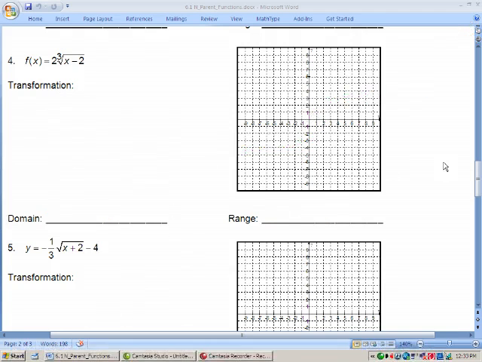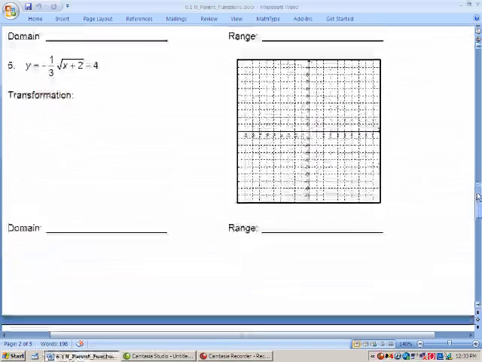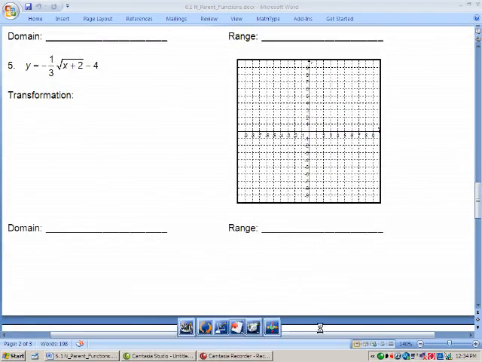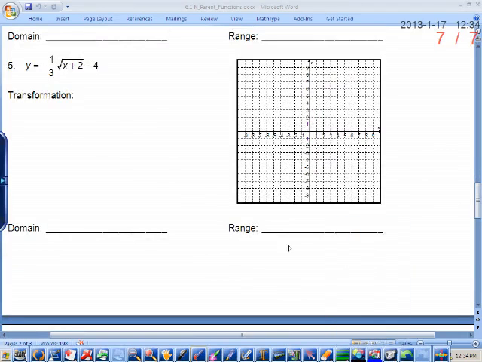All right, let's look at number 5. What's our parent function? Square root of x. Go ahead and plot your parent function.